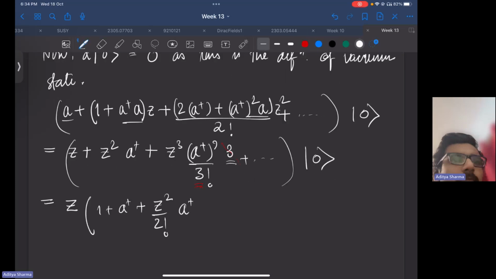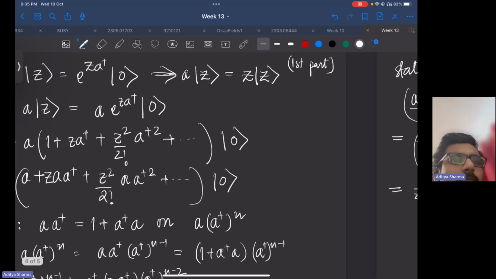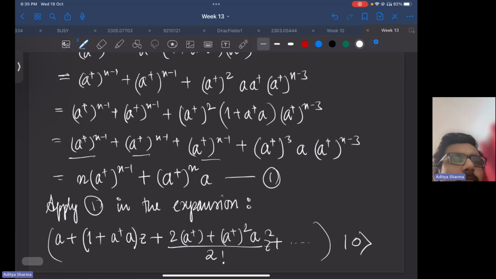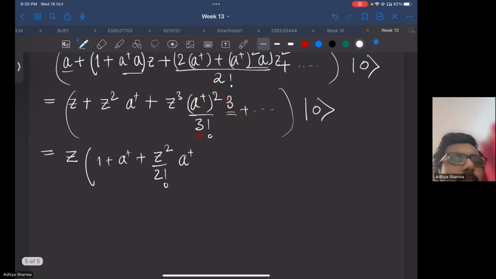This was supposed to be a square, because you're going to have one less term. So if it is of power 3, then you are going to have 3 minus 1, 2. That is why this comes from the formula which we just found. That is number 1. Dot dot dot.